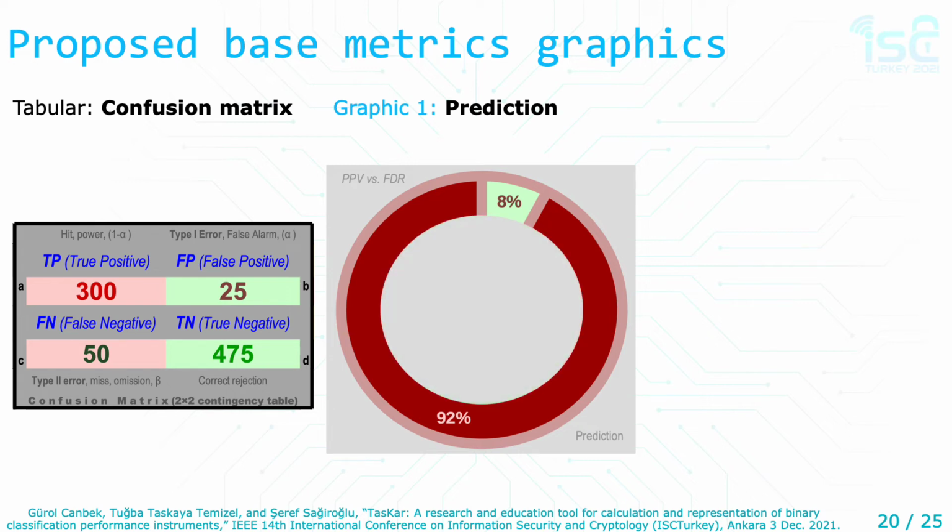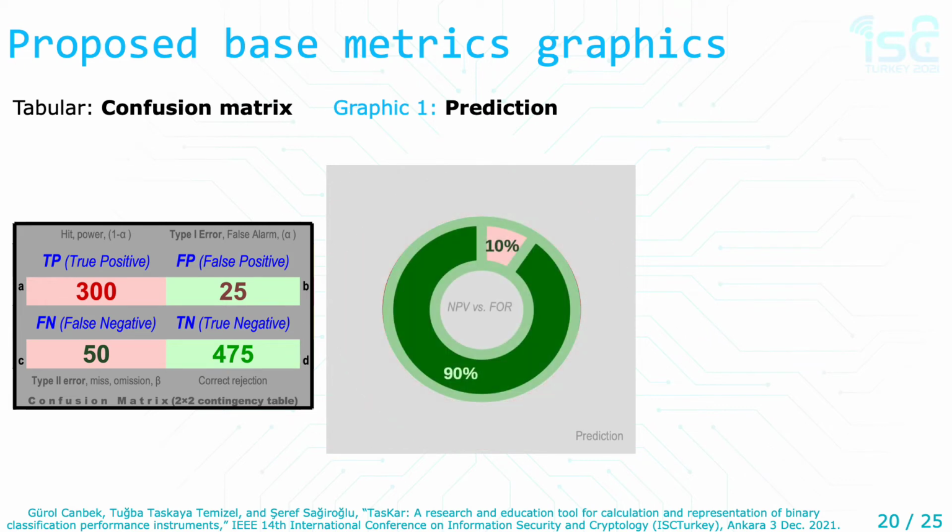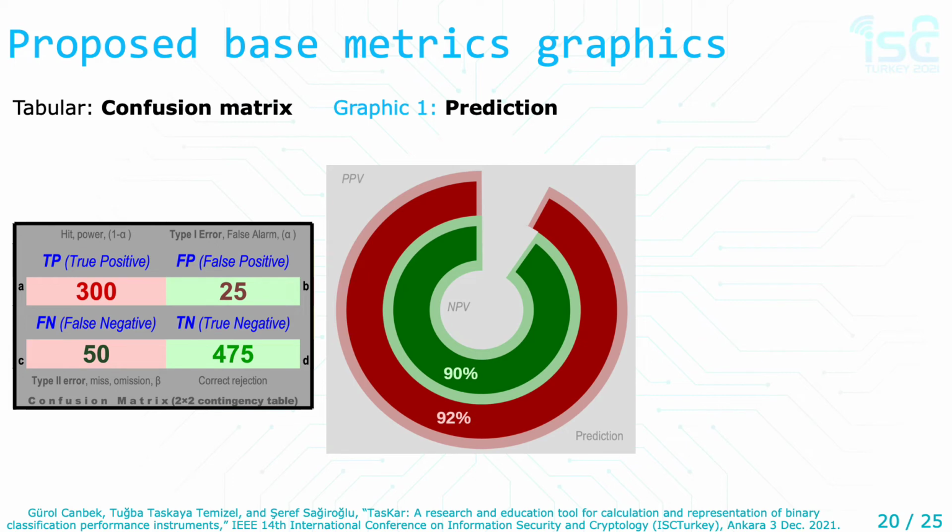The outer circle shows the positive predictive value and false discovery rate, and the inner one shows a negative predictive value and false omission rate. You can compare the positive versus negative predictive values. The concentric circles make it easy to distinguish the relative performances for each metric.